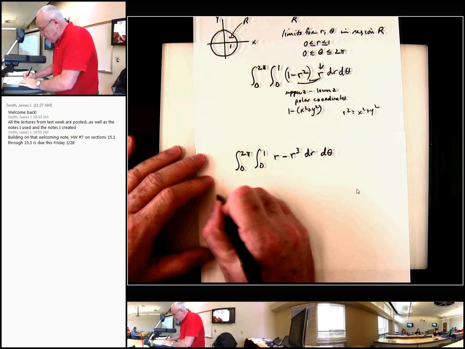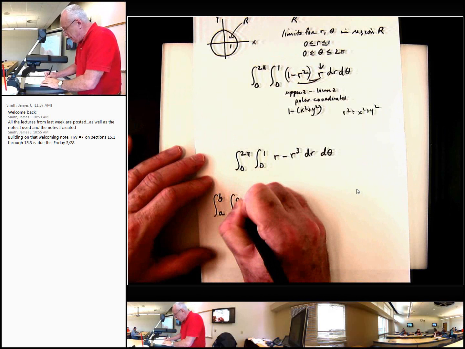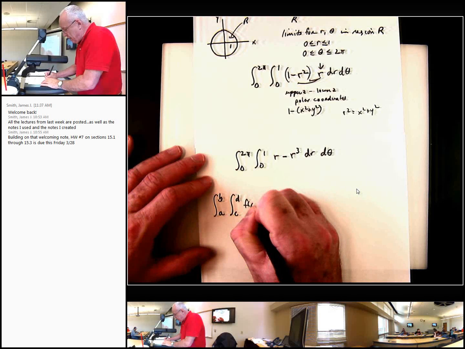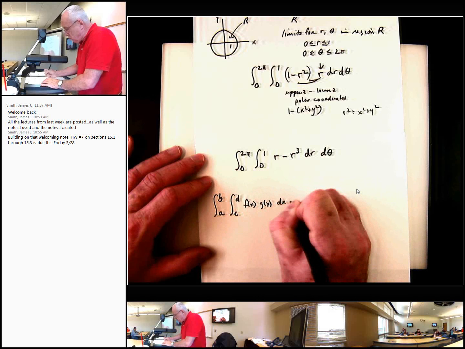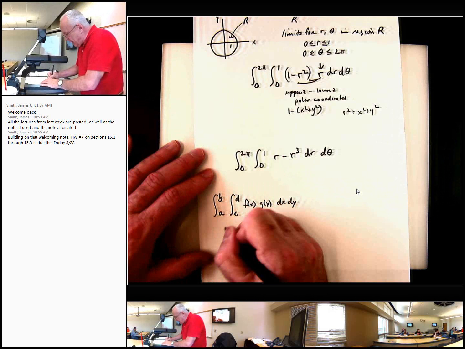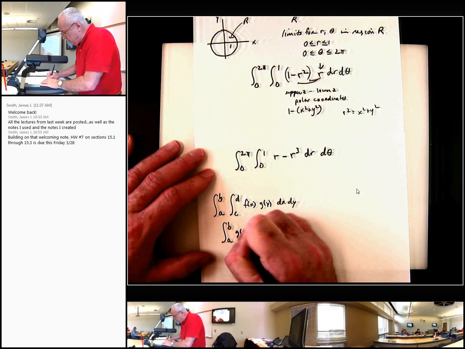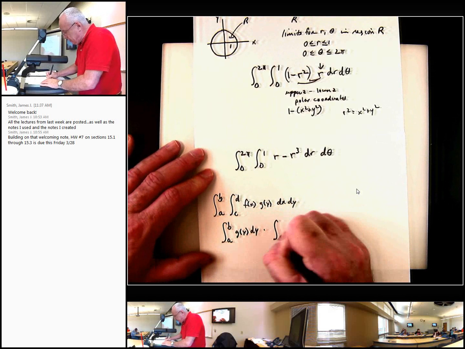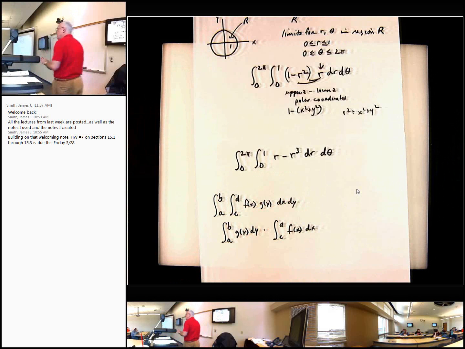Remember that deal, a to b, c to d of f of x times g of y, dx dy. I could separate it with the x and the y, so I could have a to b, g of y, dy times c to d, f of x, dx, separated out.